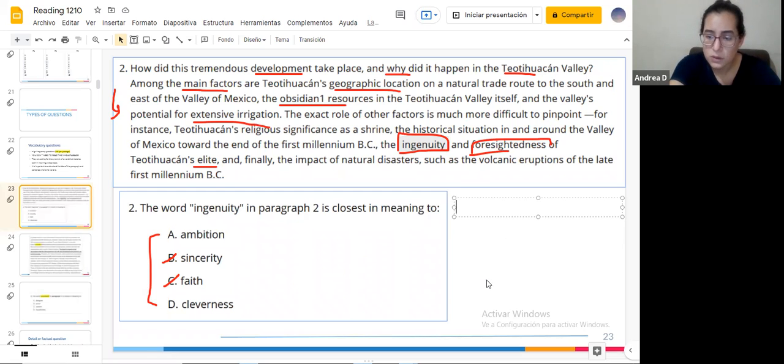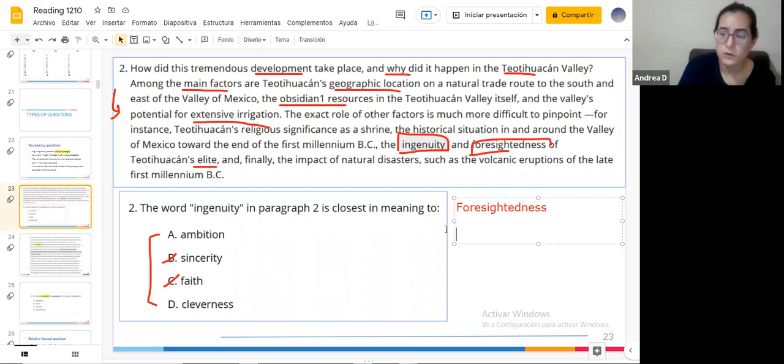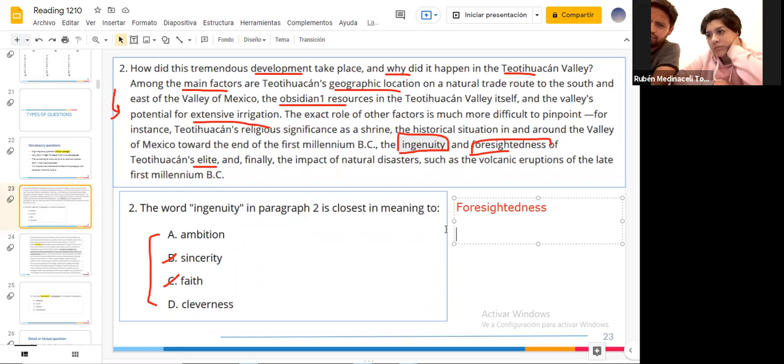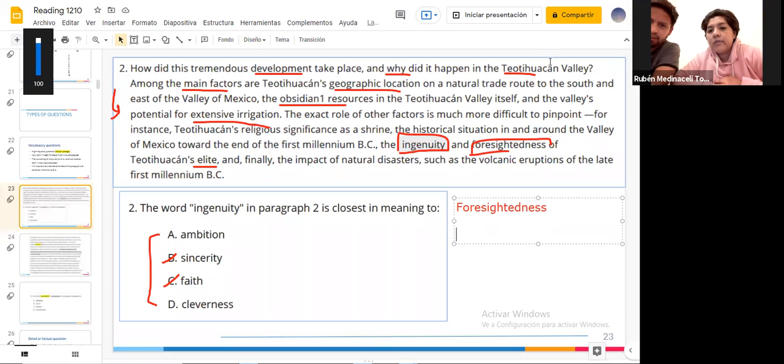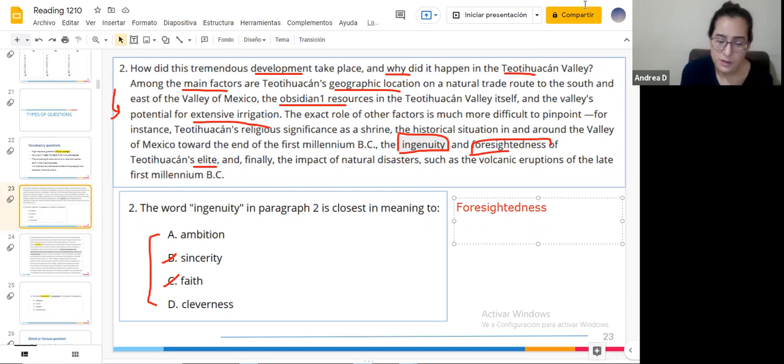Anybody knows? Foresightness? Have you heard that word before? Previsión. I'm sorry? Come again? I didn't catch that.